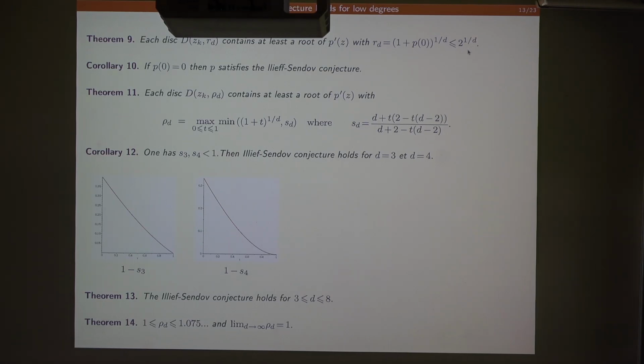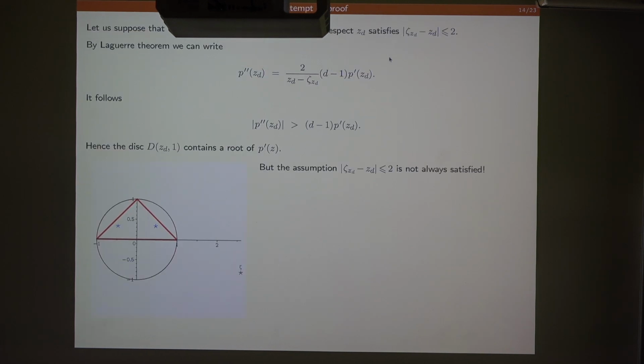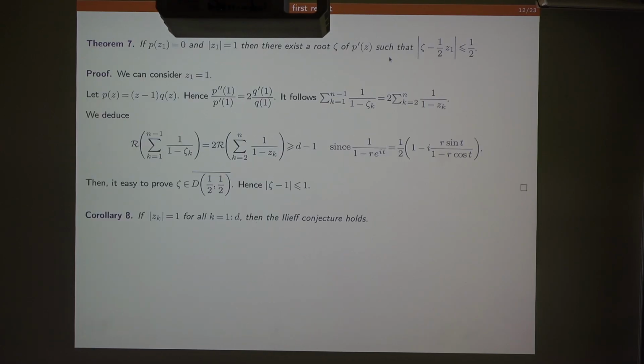And as this quantity converges to 1 when D is very large, the conjecture holds when D is very large, or close to it, because this radius is greater than 1.